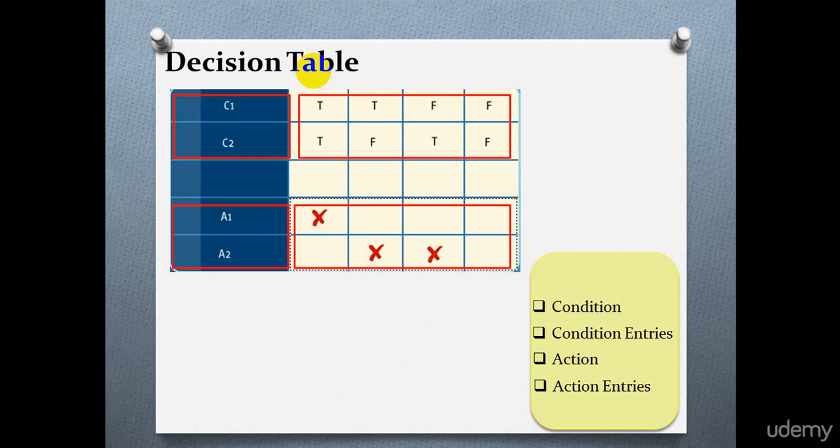Each combination would contribute as a test case. Condition entries are Boolean values like true and false, or yes or no. This is used to create the rules for each of the conditions. For example, if a condition is true or false.